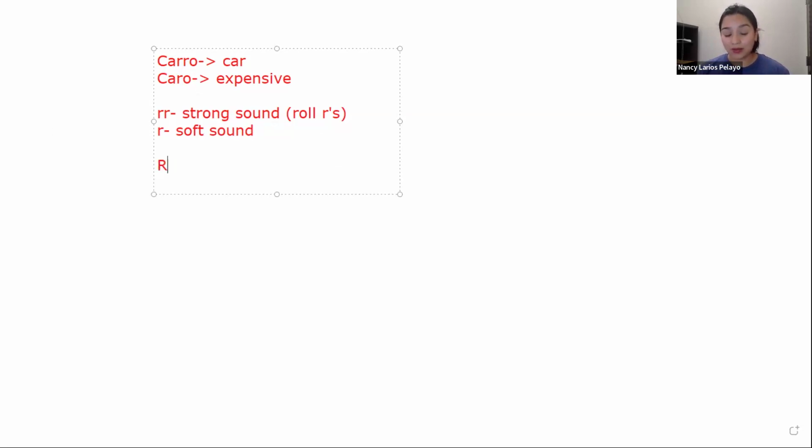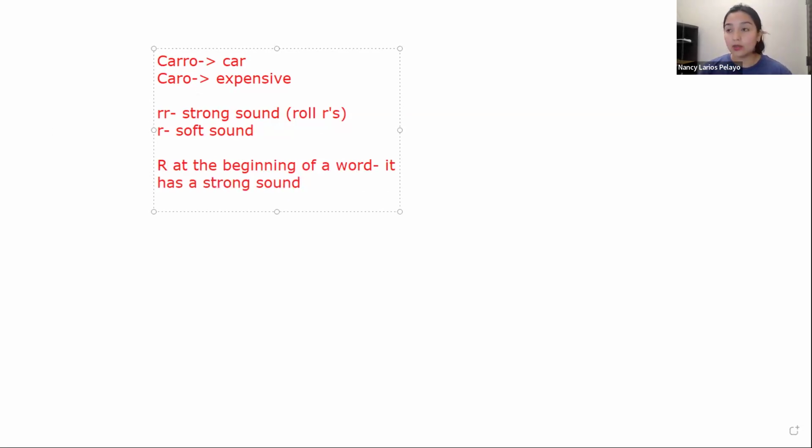However, if you have the R at the beginning of a word, then it has a strong sound, right? The beginning of a word, it has a strong sound. So this is when you would roll your R's. So like the word respetuoso, respectful, right? Él es un chico respetuoso.